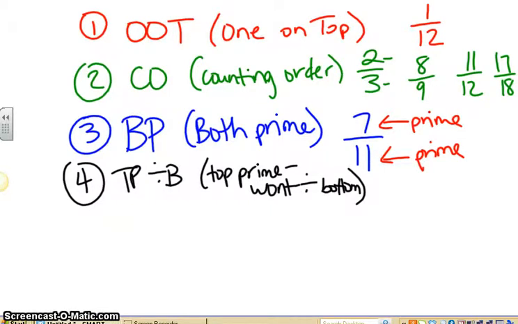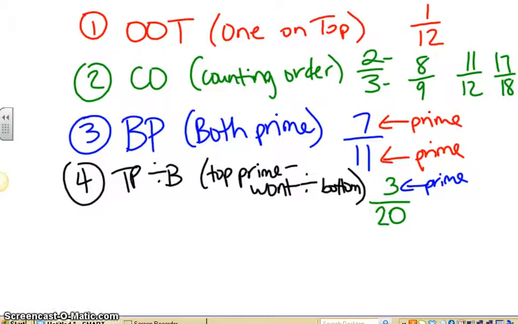So that means if, for example, 3 is prime, but let's say 20 is not prime. So my TP divided by B means that if this top is prime, I got to see if it'll divide into the bottom. That's the only thing I can do with it. So can 3 go into 20? No, it can't. So I know that automatically this fraction is simplified.